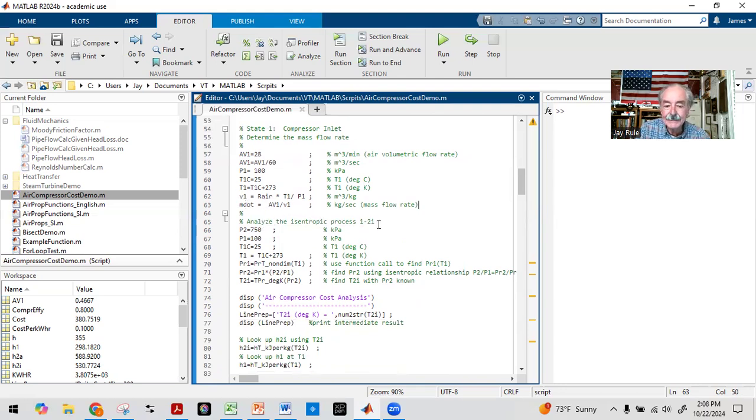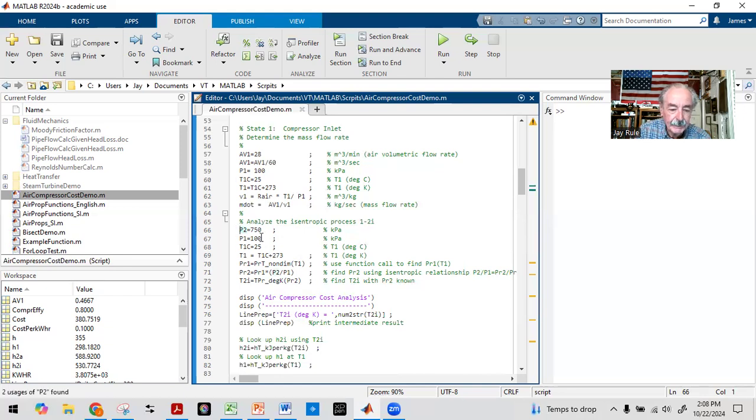Now let's analyze the isentropic process, 1 to 2i. Perhaps we would be looking over at a sheet of paper for our sketch, but I think you've got a mental picture of it. Process 1 to 2i. What will we do? I'm going to have to refresh my memory on what I have here.